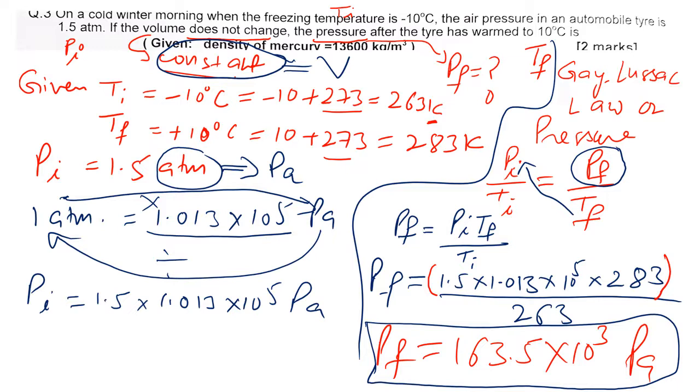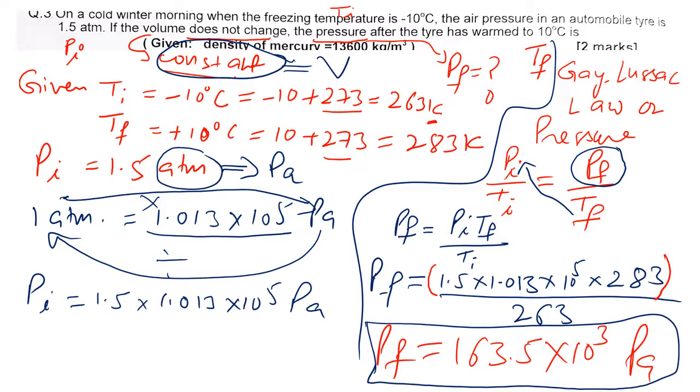So here you have to find the pressure value. What are the given parameters here? First you write, this is the initial temperature, minus 10 degrees centigrade.